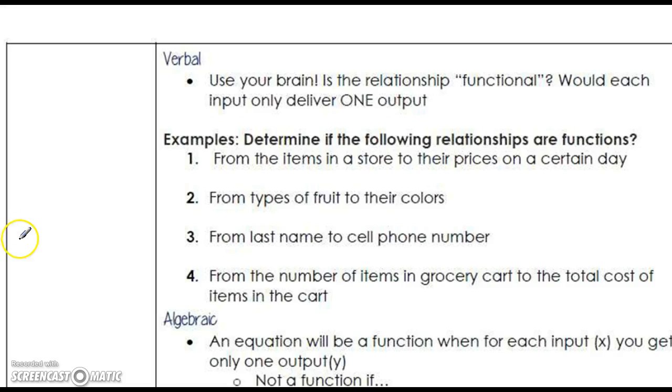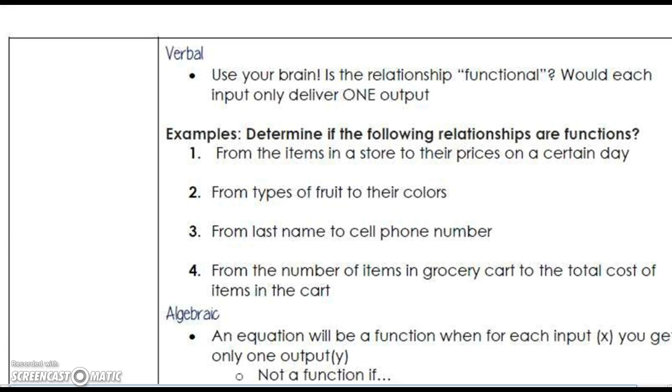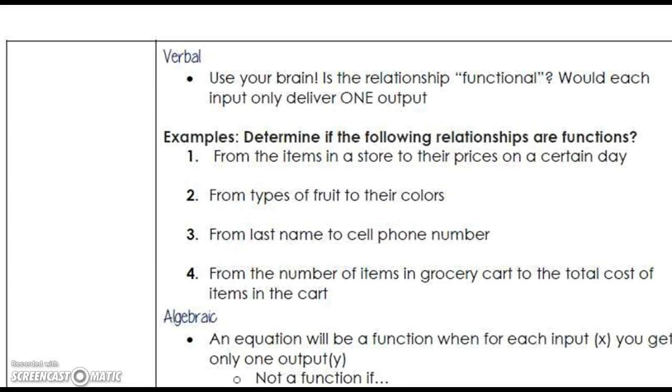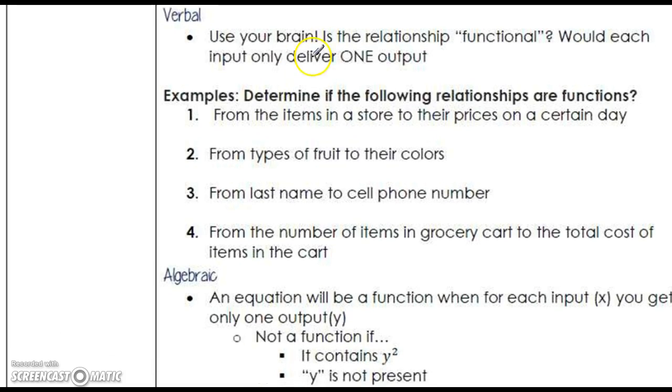All right, let's go ahead and move on to how to determine with the different types here. So with verbal, use your brain. Is the relationship functional? Would the input only deliver one output? So for example, the items in the store to their prices on a certain day. So is peanut butter going to be the same price if you go in the morning as it would be at the end of the day?